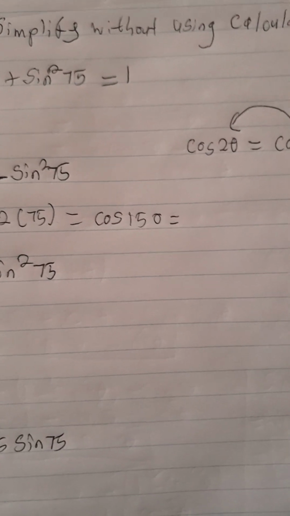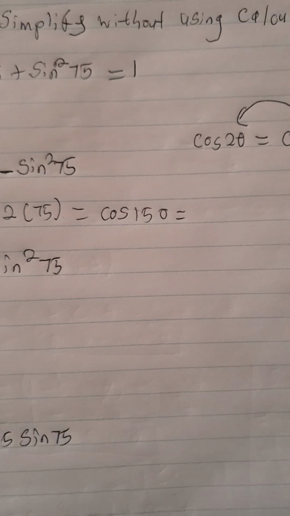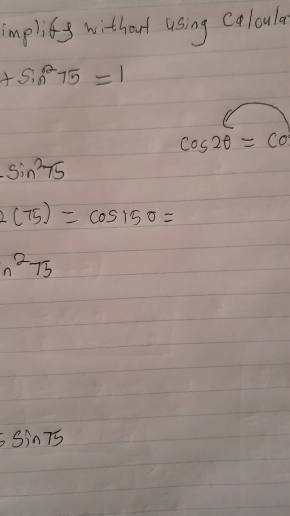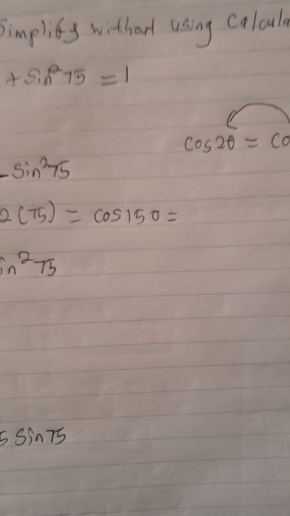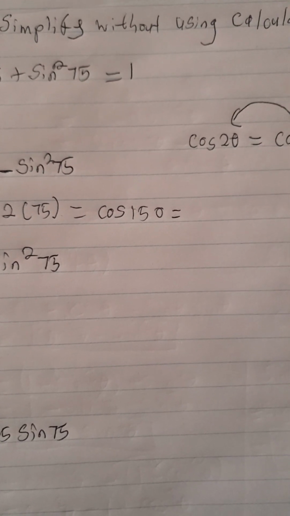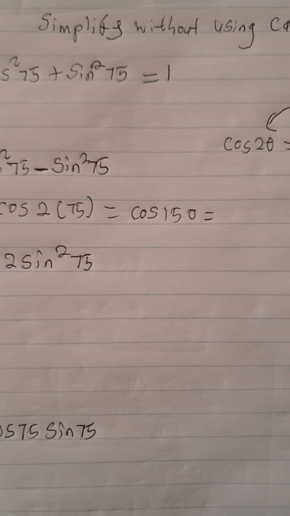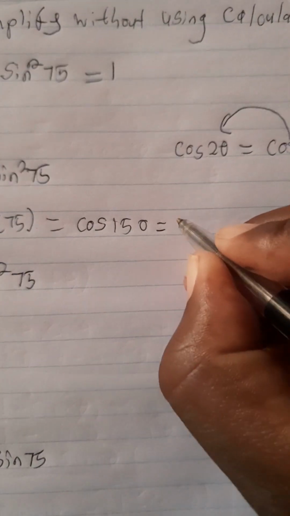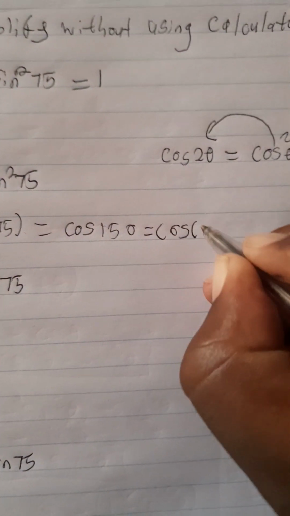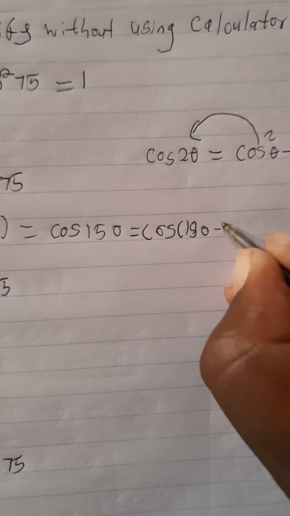So we have to reduce it. How do we reduce it, guys? To make life easier, since it's cos 150, we say 180 minus 150. That gives you 30. So when you say 180 minus 30, that will give you 150. So it's the same as cos of 180 minus 30.